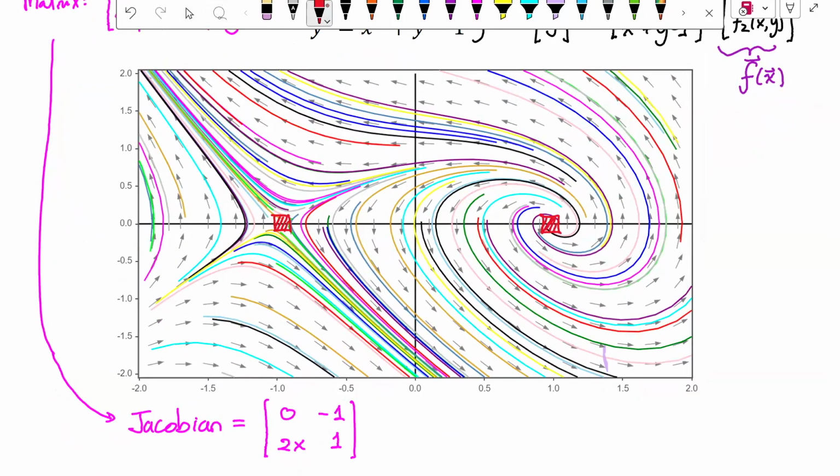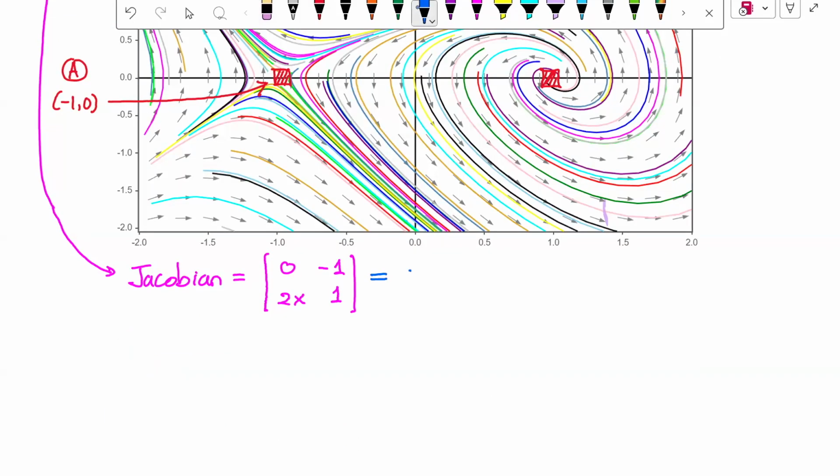But since we have two equilibrium points, our next step is to plug in the values of x and y at each of these equilibrium points and determine what kind of equilibrium point we have; that depends on the Jacobian. Let's first note that standard notation for the Jacobian is the derivative of the vector function f.